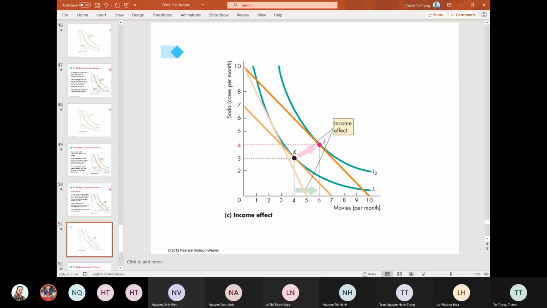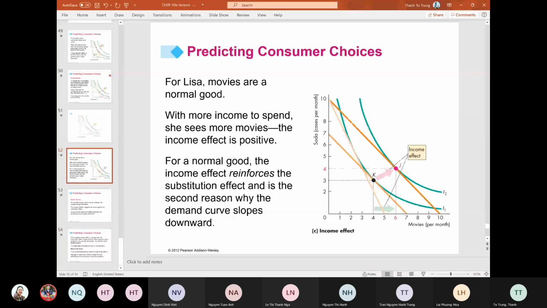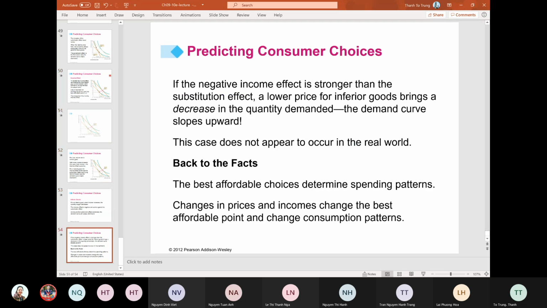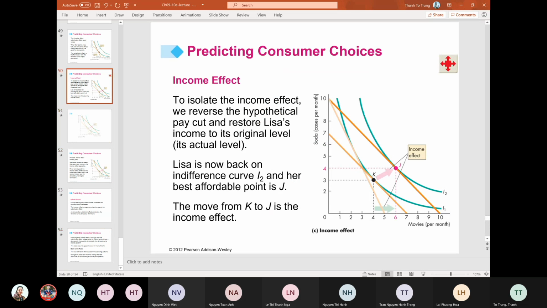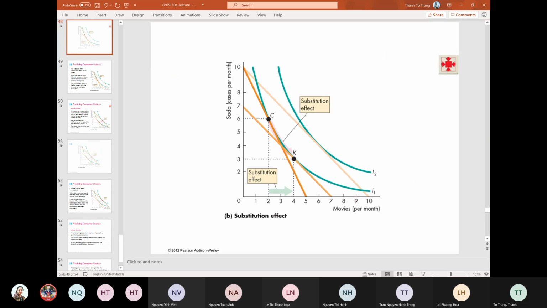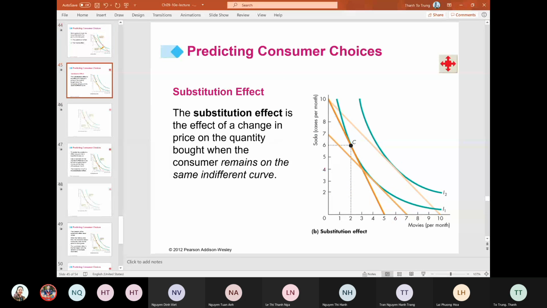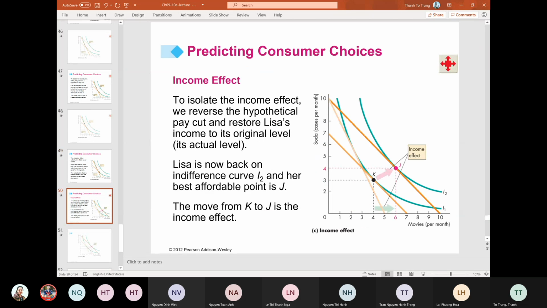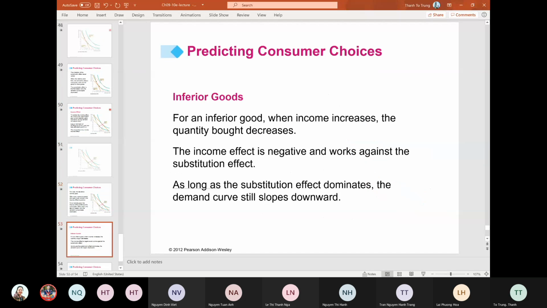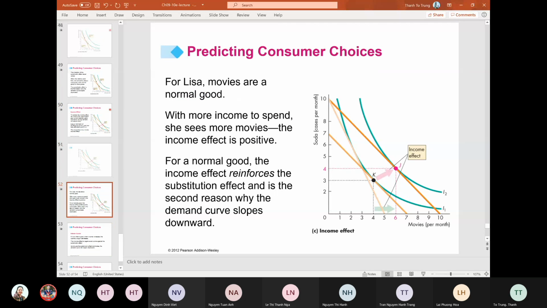So the question at home for you has two parts. This figure is for what we call a normal good.